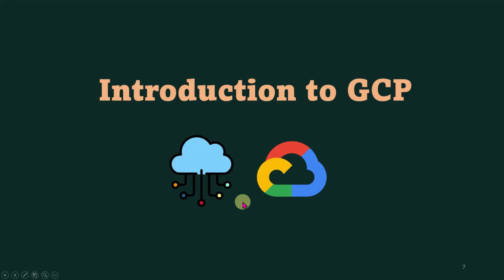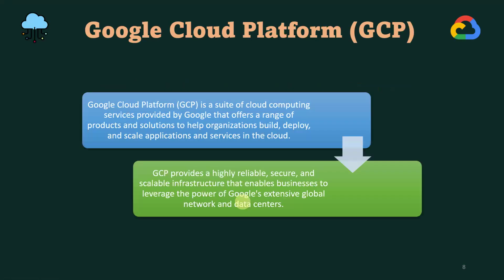Google Cloud Platform is one of the leading cloud providers which provides you cloud computing services for organizations to build applications, deploy applications, and scale applications and services in the cloud. It provides products and solutions for organizations so that they can store, process, analyze, and visualize data.